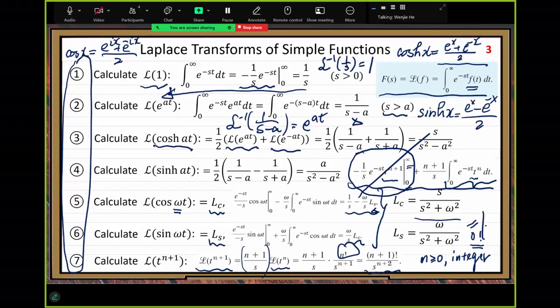First, let's think about n factorial. We can understand it in two ways. N factorial is the product of the first n consecutive positive integers. You can use this interpretation to cover all the positive integers.